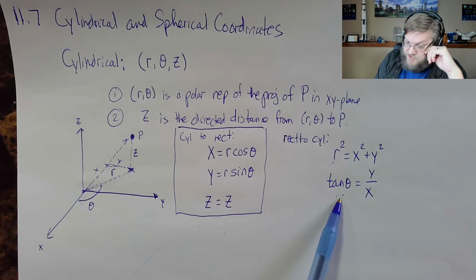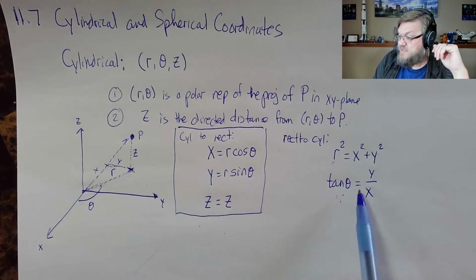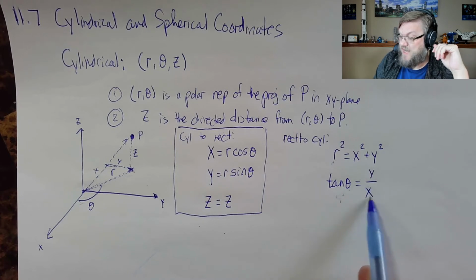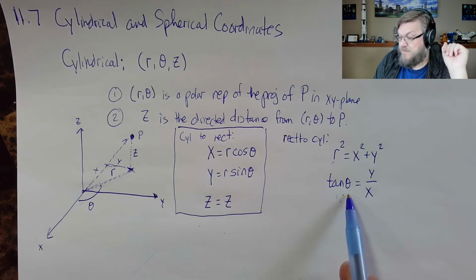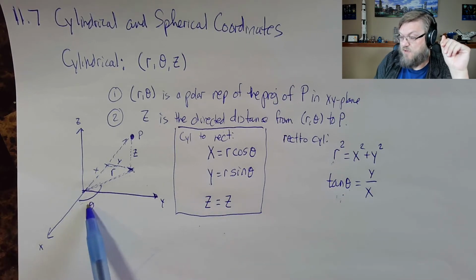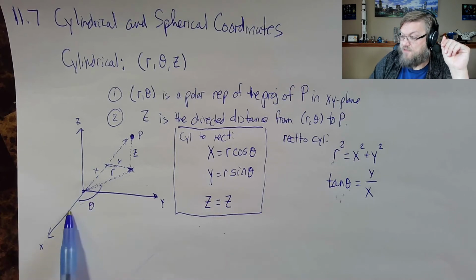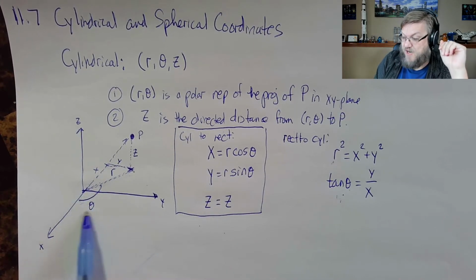Now, with any trig equation, there's some trickiness here, because if you know that tangent of theta is a positive number, remember there's two options where theta can live. If tangent is positive, theta could be a first quadrant angle, or it could be a third quadrant angle, because tangent is positive in the third quadrant.